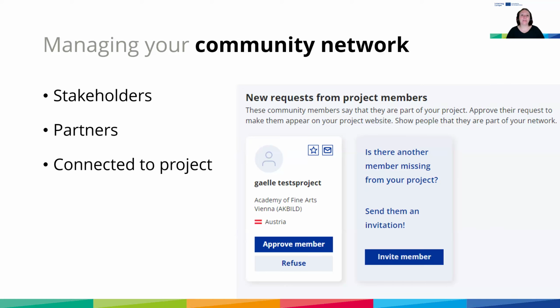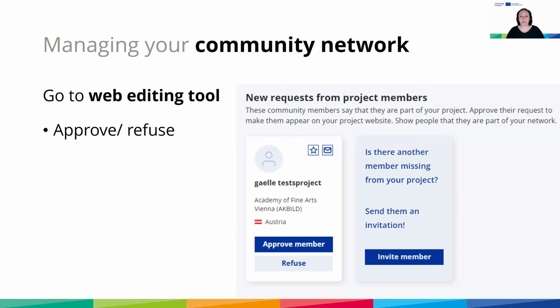And so the web admin for the Pollinate project will receive an email, and they have to go into the contact tab and either approve or refuse this individual. And if they approve the individual, they will show up on their project website under the contact section. And this is a great way to promote your community network.